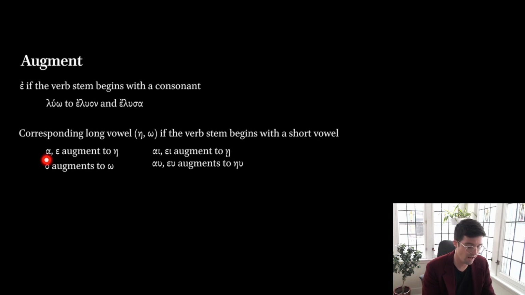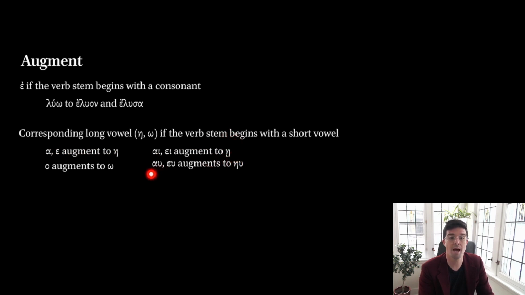So an alpha and an epsilon will augment to an eta, and an omicron, little o, will augment to big O, omega. When it comes to diphthongs, alpha iota and epsilon iota will augment to an eta, and the iota will subscript. So what's happened essentially is these vowels have lengthened just as they do over here. They've augmented to the long form eta, and when the long form eta has been formed, that allows the iota to go under it, to subscript.